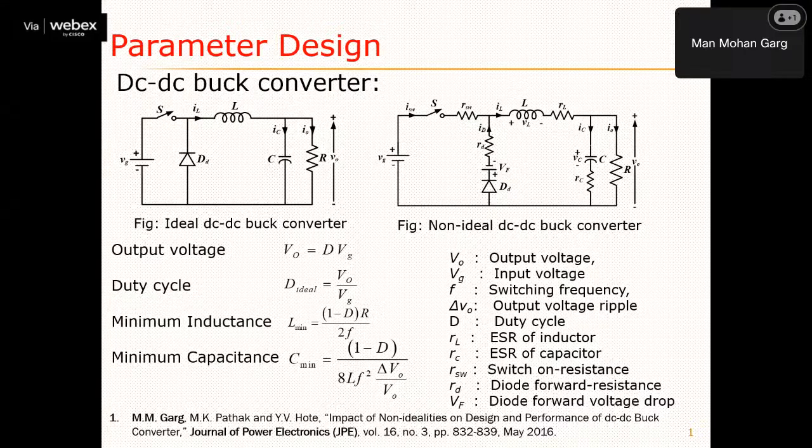Even at duty cycle D equal to 1, the output is expected to be infinite, but it becomes 0. In other words, as duty cycle increases, output increases, then it becomes maximum, then it starts reducing, right?